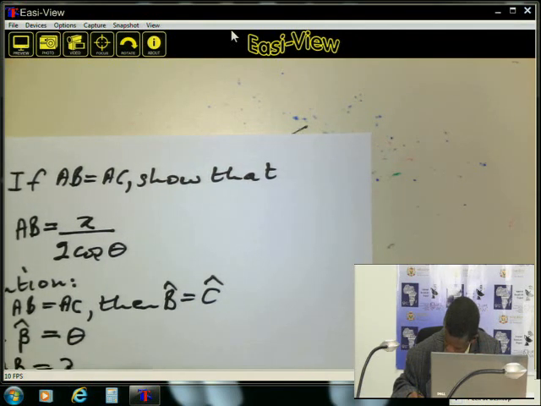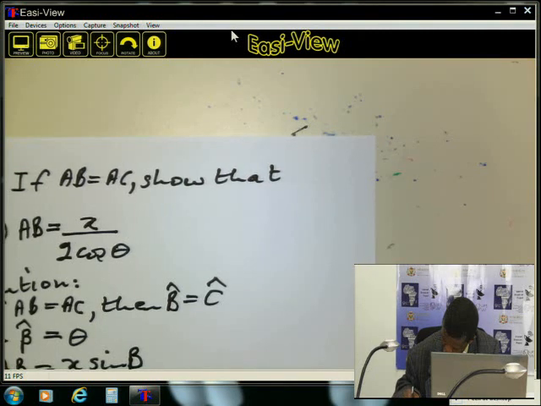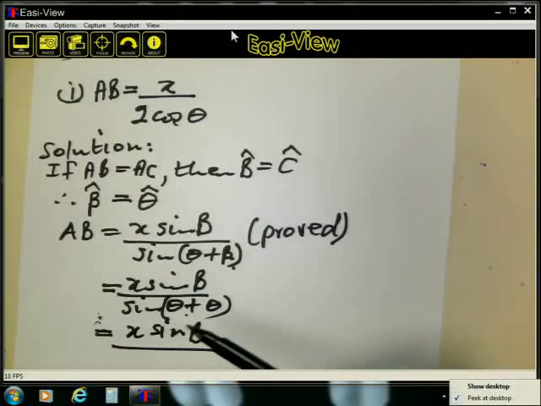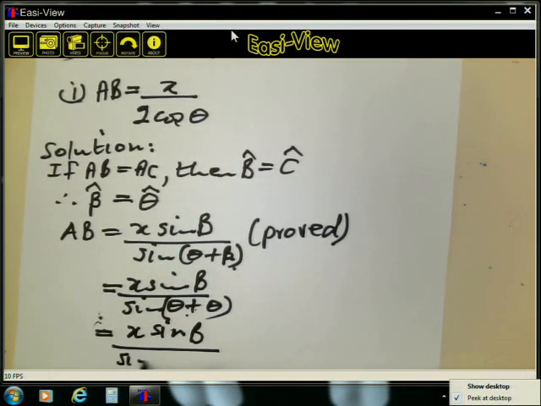AB is equal to x sine B over sine theta plus B. Now, theta plus theta equal to 2 theta, so you have sine 2 theta.